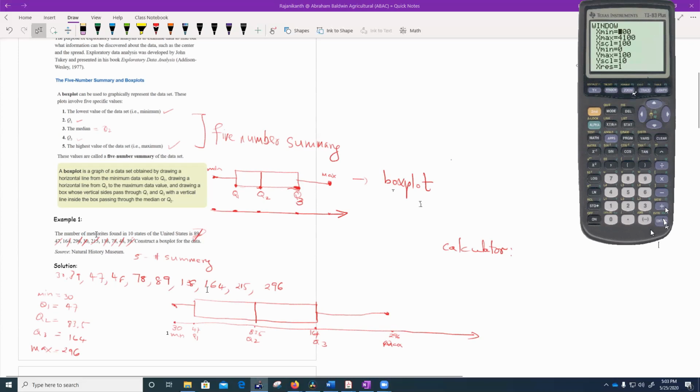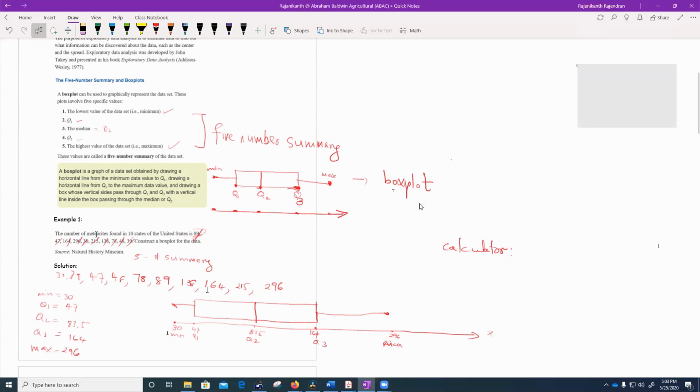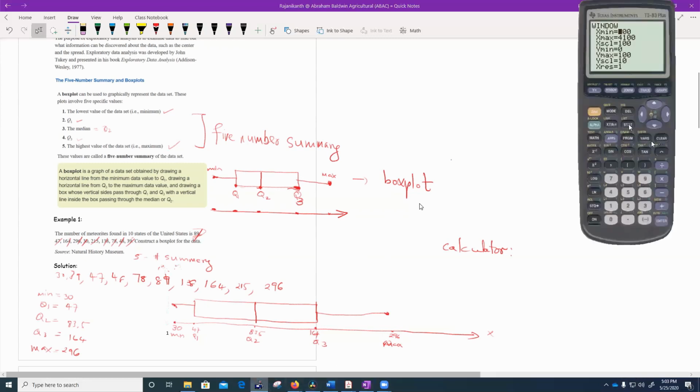Remember, my x-axis is the data values, and my y-axis is the height of your box plot. If you look at your x-axis, the minimum value is 30, and the maximum is 296. Therefore, you need to set the window in such a way.